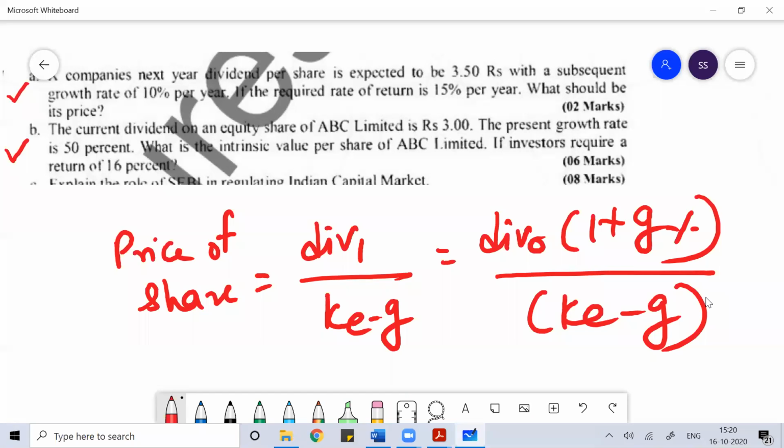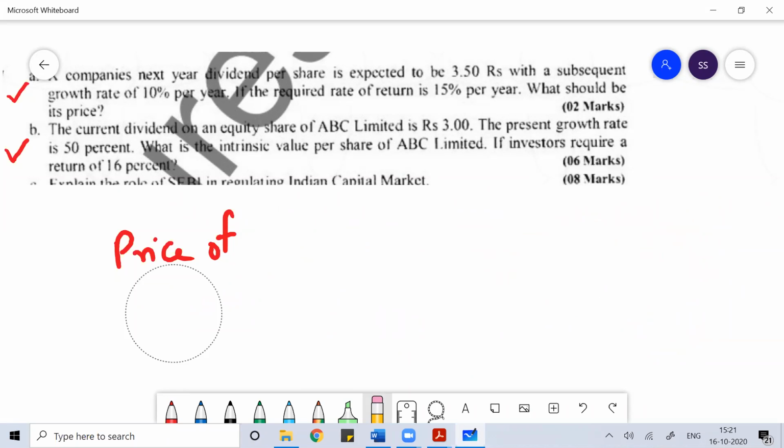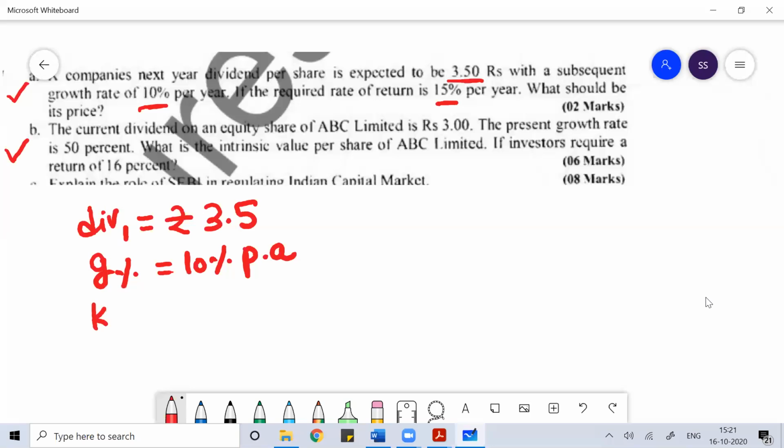So let's do the part A question, the 2 marks question, first. Here it is written: a company's next year dividend is expected to be this much. Next year dividend means Div1 is 3.5, with a subsequent growth rate of 10% per annum, and required rate of return is 15%. Cost of equity is 15%.